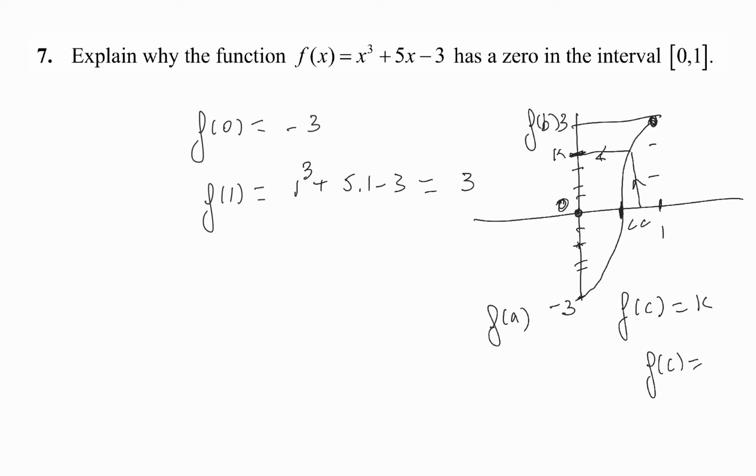It means that the root of this polynomial exists. The theorem doesn't say how to find this number C, but it says that it exists. So applying the intermediate value theorem, between 0 and 1, because f of 0, that is minus 3, is smaller than 0 and f of 1 is bigger, there exists a point C such that f of C equals 0. Okay.